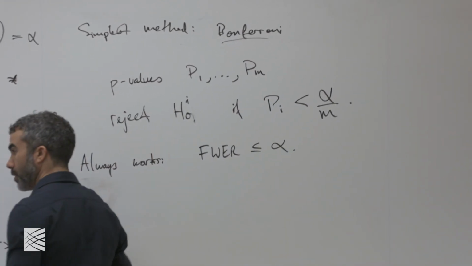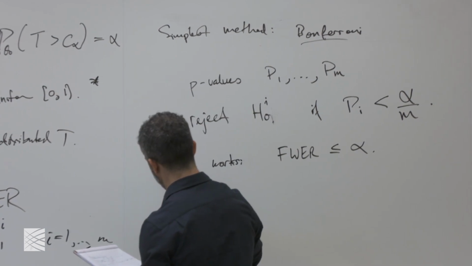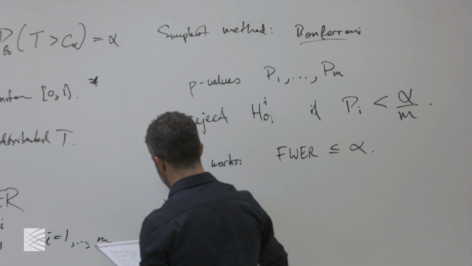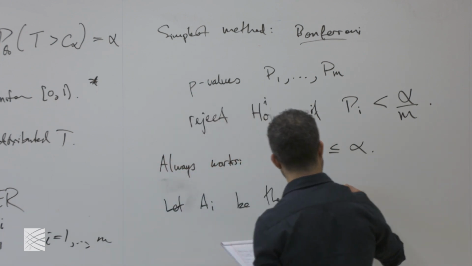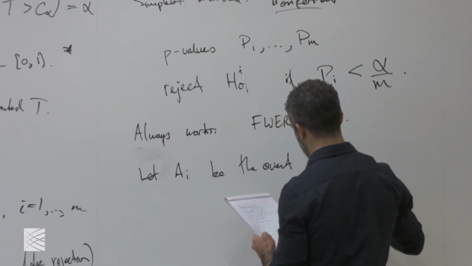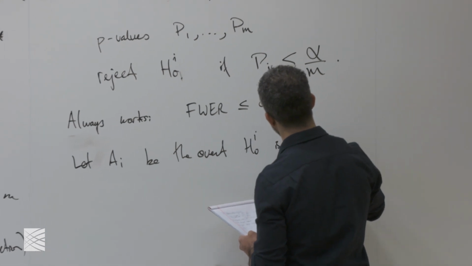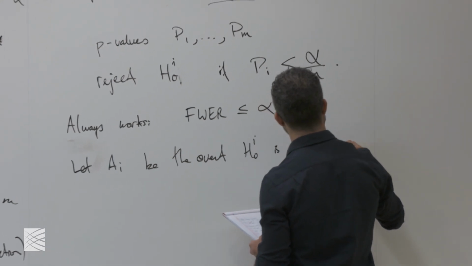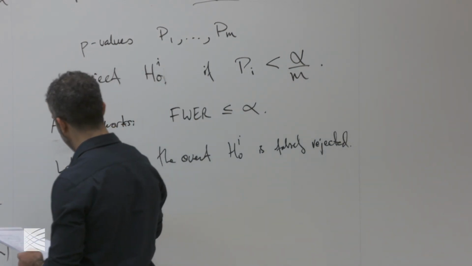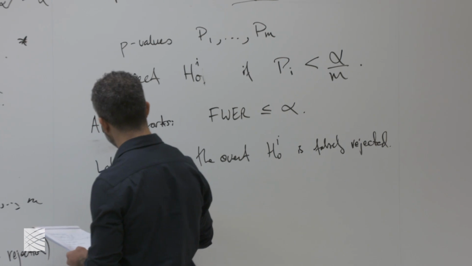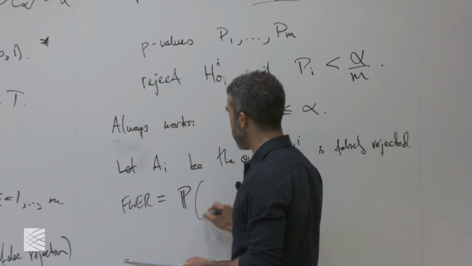Okay, so let me prove it for you. So let A_i be the event that the ith hypothesis is falsely rejected. Okay, then what is the family-wise error rate? It's the probability that any of them are true. So that's the probability of a union, right?